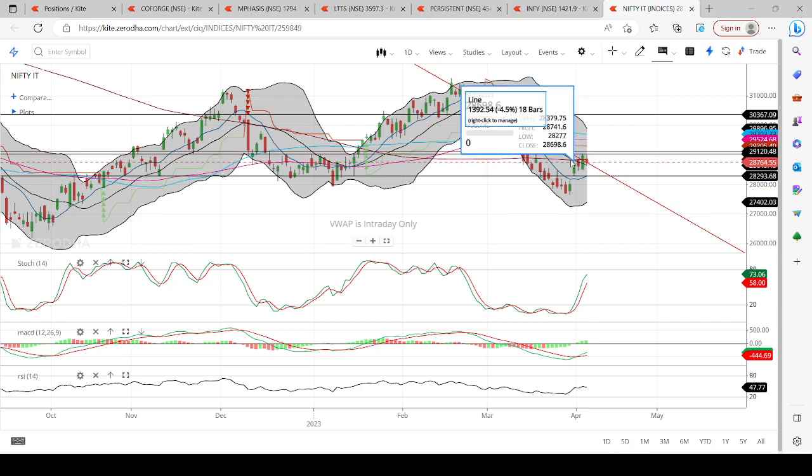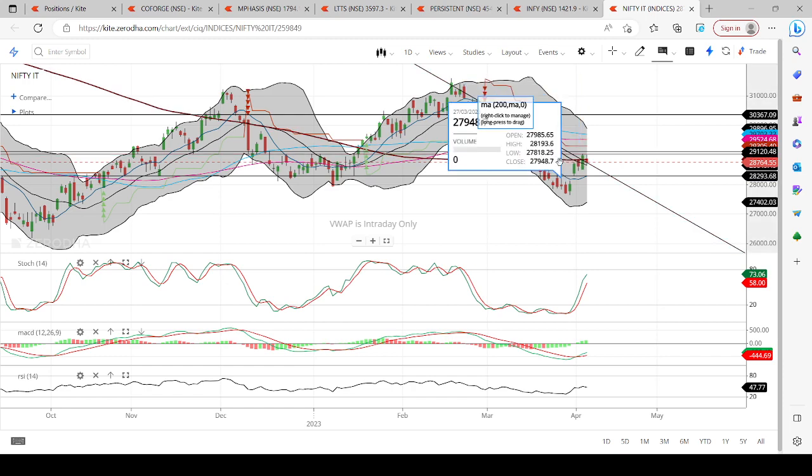But both these closes are above the 20 moving average, which is the middle line of the Bollinger Band, black in color. Just above that is the maroon color line, which is the 200 moving average, the one which you are seeing right now, very dark in color.